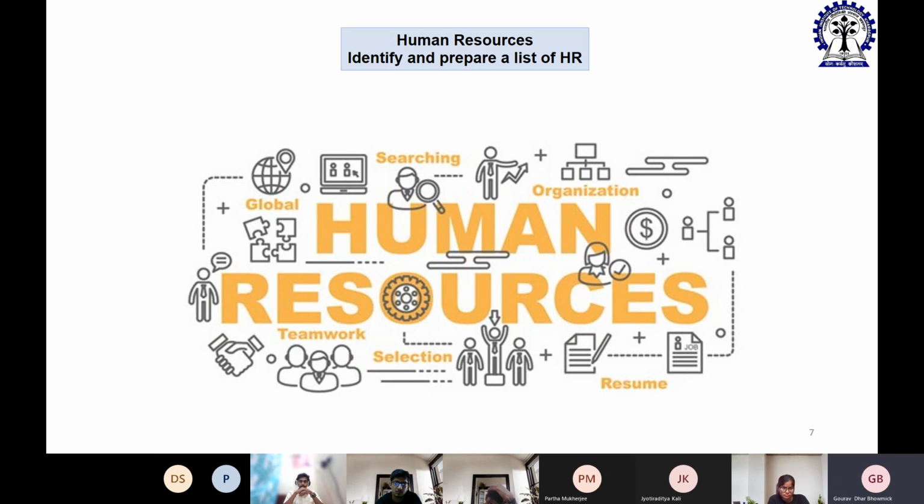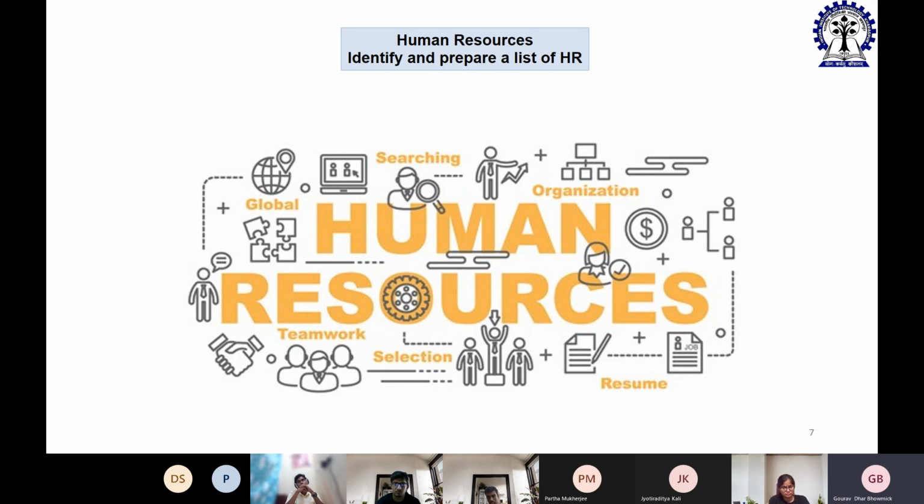Another important thing is the human resources. Human resources is very important because you are not doing it alone. You may have all the ideas by yourself, but unless you have proper support from other people, you cannot do the project alone. You have to find people who can go ahead with the construction of the aquaponic systems.